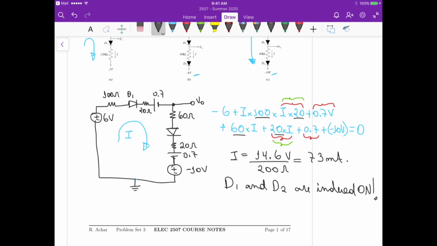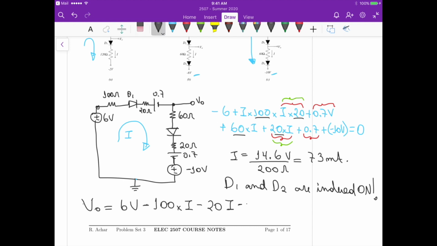We have 6 volts at this node, so V naught equals 6 volts minus the drop across the 100 ohm resistor, so minus 100 times I, right? Minus 20 times I, and minus 0.7 volts, because it's decreasing the potential.